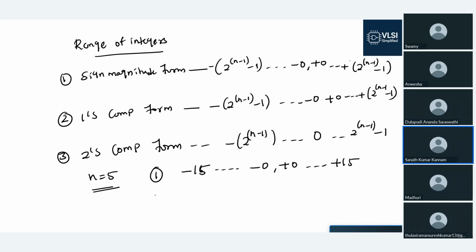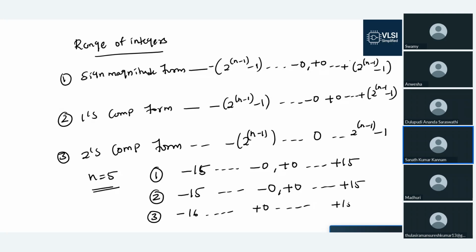For 1's complement, same thing: minus 15, minus 0, plus 0, and plus 15. For 2's complement form, you have minus 16 up to plus 0, only one 0, and plus 15. This is the range for the example n equals 5.